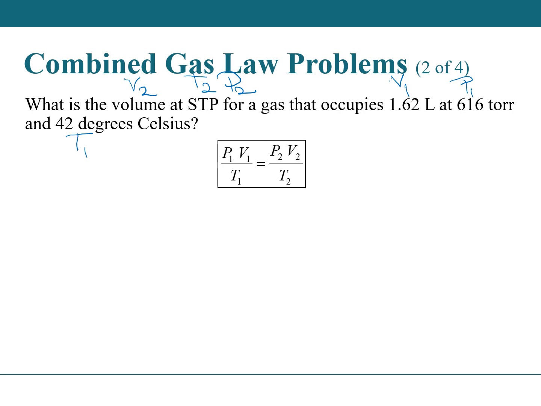So we're going to use V2, multiply both sides by T2, divide both sides by P2, and get P1 V1 over T1 times T2 over P2. Let's take a look at our units. V1 is liters, V2 we can have in liters, that's good. What about P1? It's in torr.